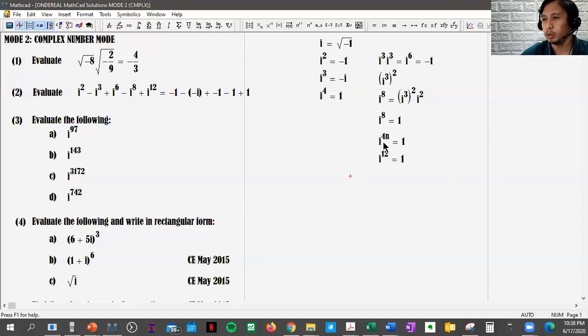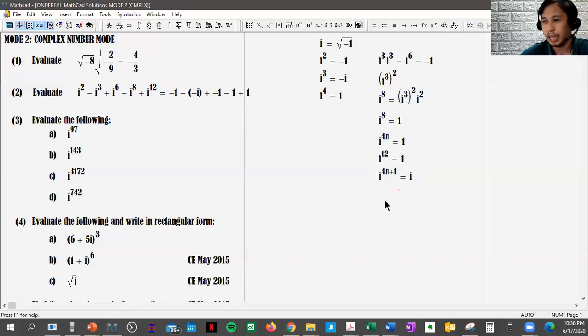Every time we are to raise i to a power of a number multiple of 4, its result is equal to 1. And if ever hindi siya multiple of 4, but it's in a form 4n plus 1, no? Like 1 more than a number multiple of 4, for example, 13 or 17 or 21, then its result is always equal to i.